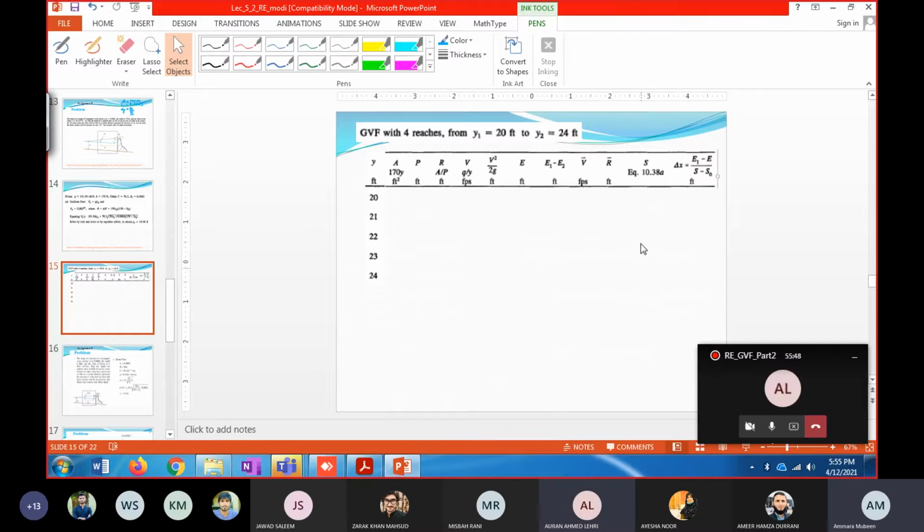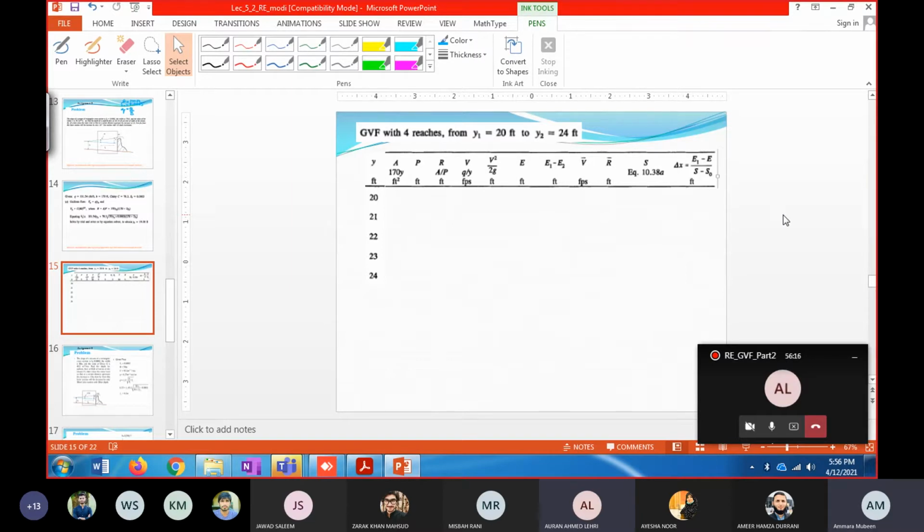Ma'am, do we have to solve this manually by hand, or can we also solve this on Excel sheets? Yes, it's your choice. You can do so, but for the assignment, kindly just copy those results on the paper, please. Okay, ma'am. I have solved it on the Excel sheet and will just copy.